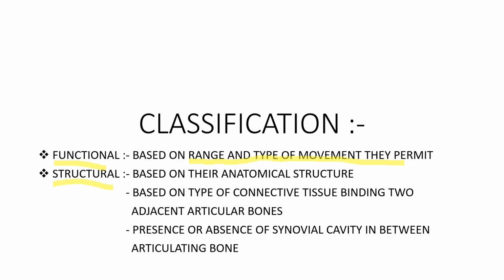On that basis, we divide into functional, while structural is based on their anatomical structure and also on type of connective tissue binding two adjacent articular bones. Presence or absence of synovial cavity in between the articulating bone is also one of the bases on which we classify into structural.